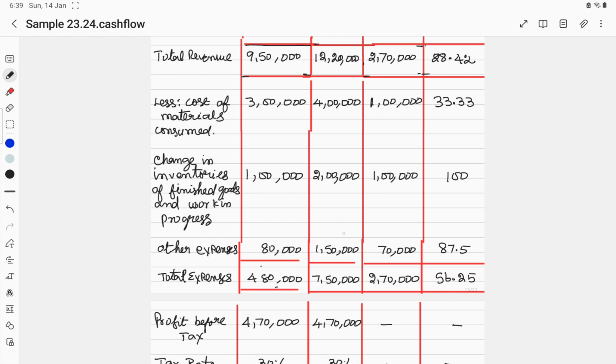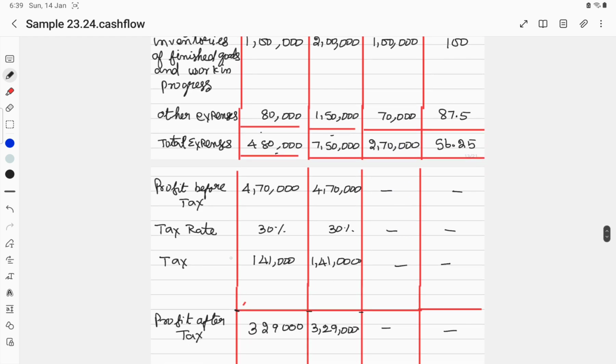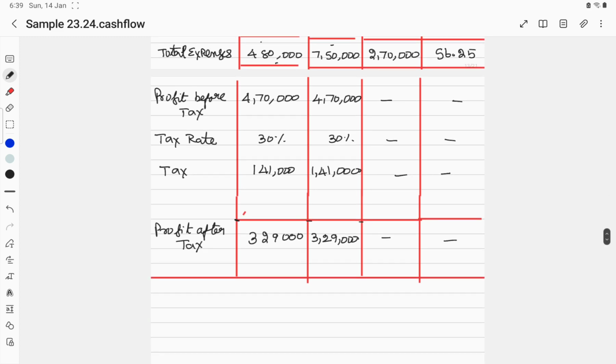Here 12 lakh 20, 7 lakh 50. Profit before tax 4,70,000, here also 4,70,000. Tax rate is 30% for each year. Therefore, tax is equal to 1,41,000, 1,41,000. Profit after tax is equal to 3,29,000. Here also we get 3,29,000.